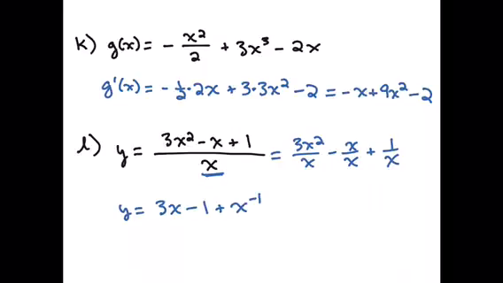I'm rewriting that last term so I can see the power. Then my derivative is just 3. Negative 1 goes to 0, and then a negative comes out front for x to the negative 1, and we get x to the negative 2. And I can also rewrite that as 3 minus 1 over x squared. Either answer is fine.